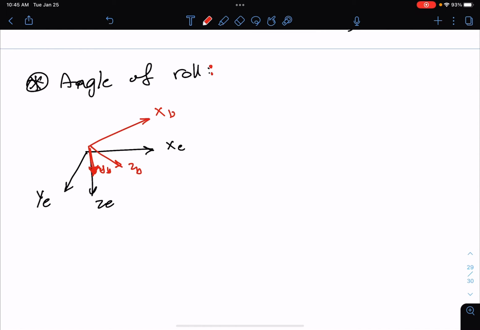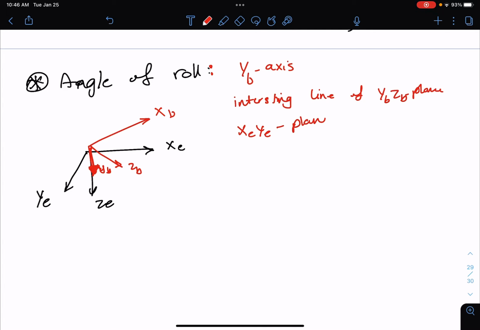It is officially defined as the angle between the YB axis, so this axis, and, this is a doozy, the intersecting line of the YBZB plane and the XE YE plane.